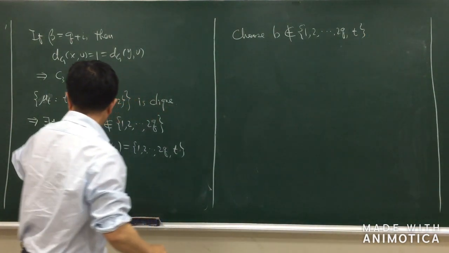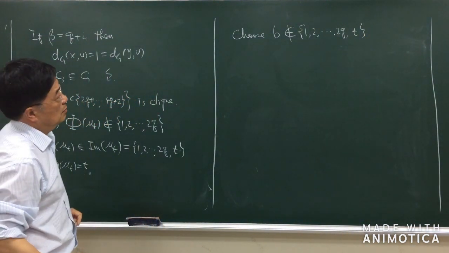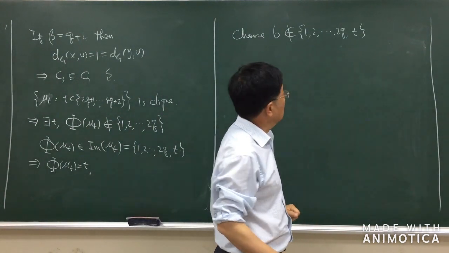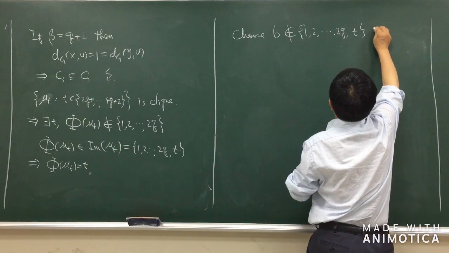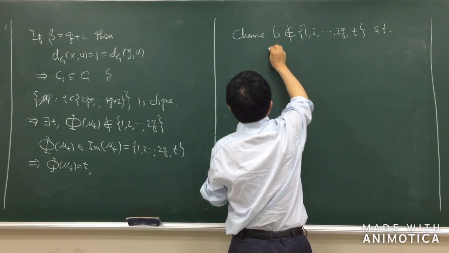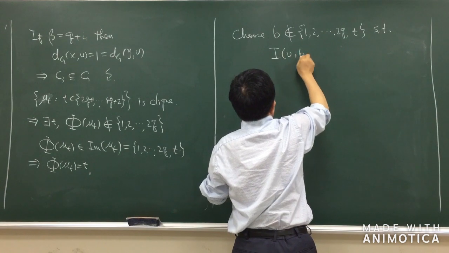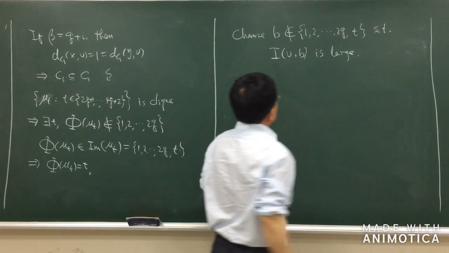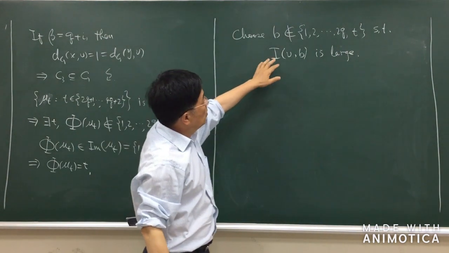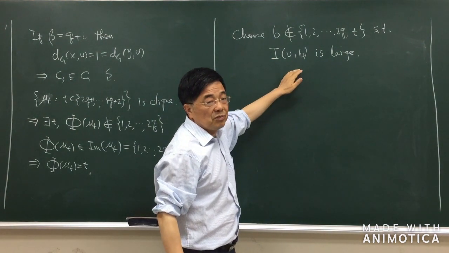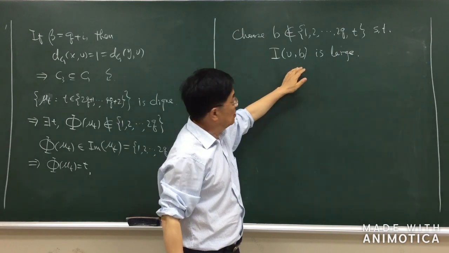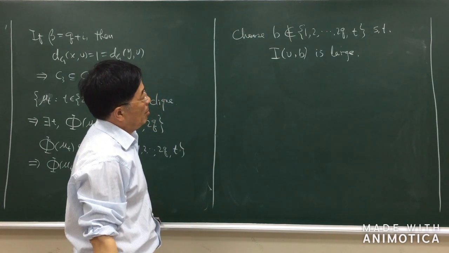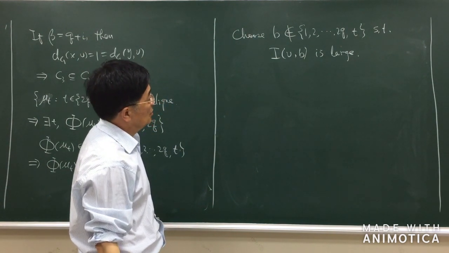We choose a B, which is not this 2Q plus 1 colors, such that IVB is large. We can find such a B because there are more than half C of those B. This is large. So this is only half of C. The more than half C that is large. So there is such a color B.